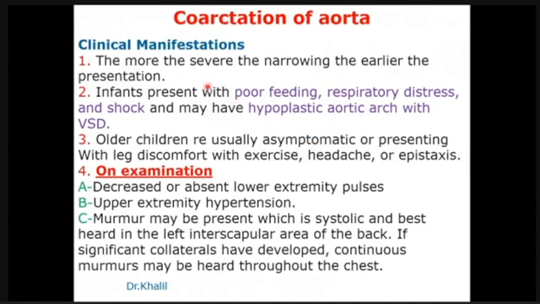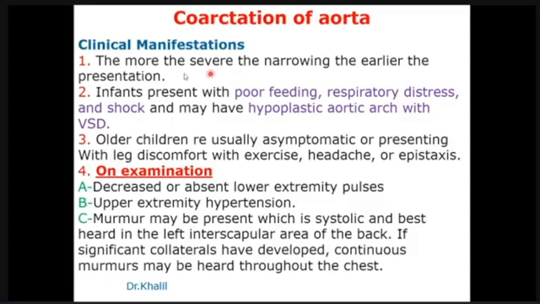Clinically, the clinical manifestations depend on the severity of the narrowing. The more severe the narrowing, the earlier the presentation, the more severe the symptoms, and vice versa. The less the severity of the narrowing, the later the presentation, the less the severity of the symptoms.